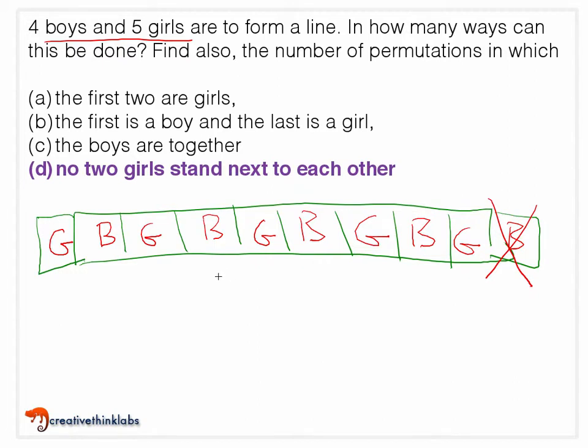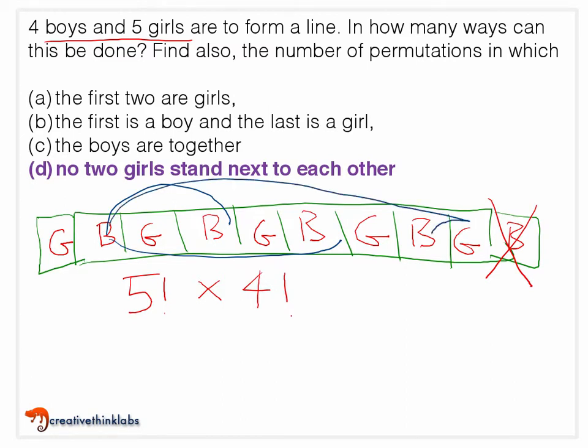Now, the girls can be permuted in their position, because there are 5 of them, in 5 factorial ways. How about the boys? The boys can be permuted in their locations in 4 factorial ways. What does that mean? Let me elaborate a little bit. That means this boy and this boy can change locations. This boy can also change locations with this boy or the other boy right here.